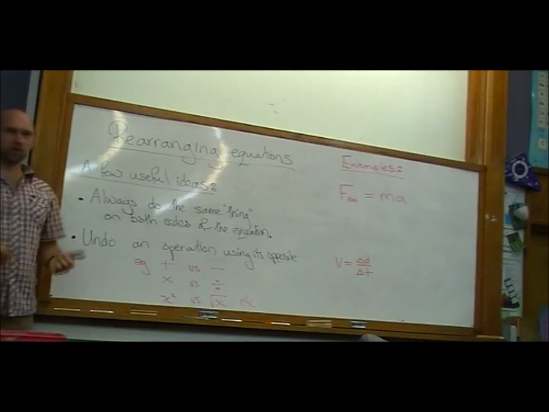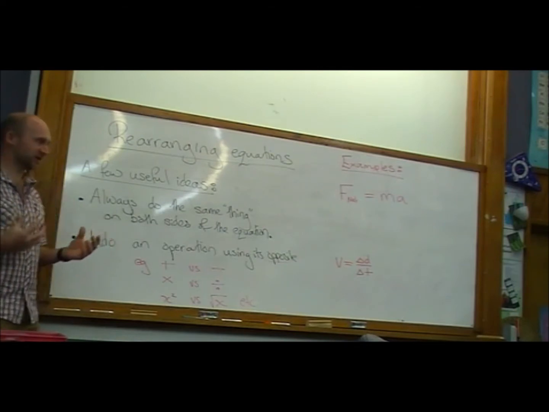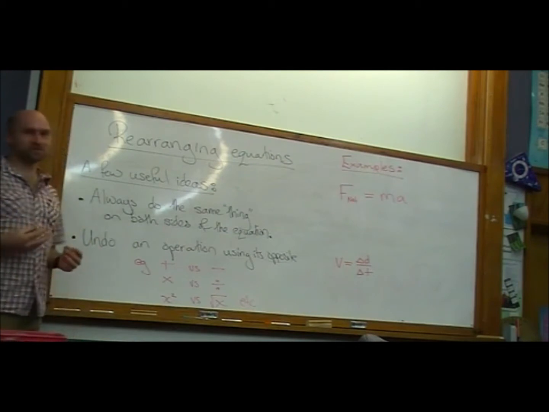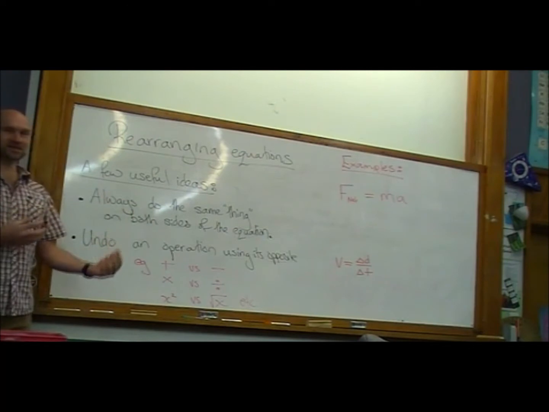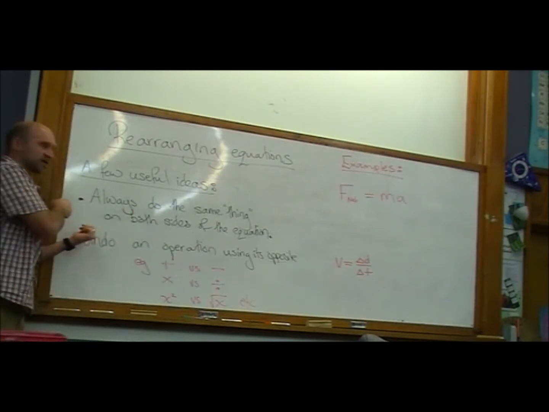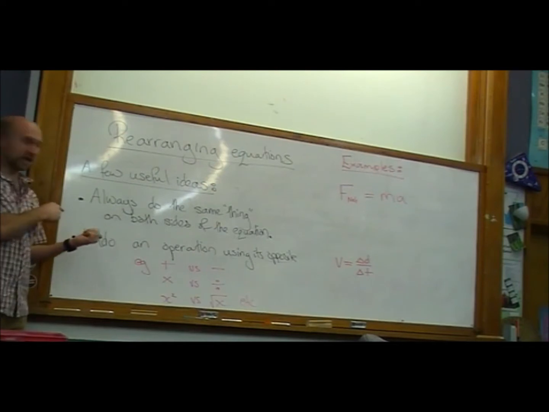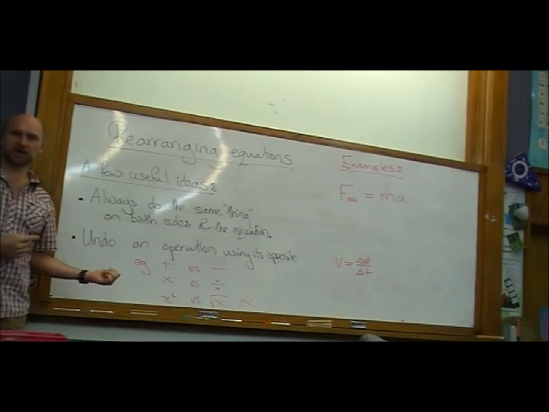First thing is, we always do the same on both sides of the equal sign. It's what they always tell you to do in maths, and as you get better and better, you might get a little bit more casual at it, but whenever things start going wrong, always come back to doing the same on both sides of the equal sign, and things will always work out. And think about our operations as opposites.